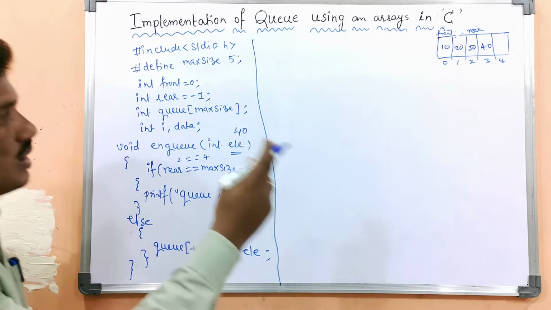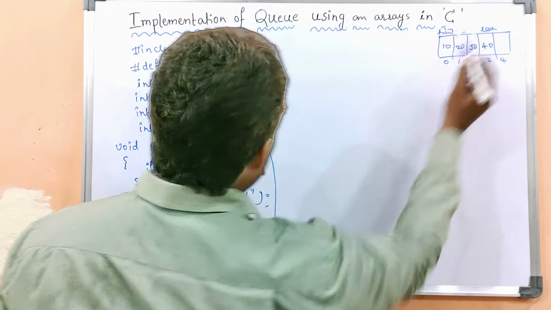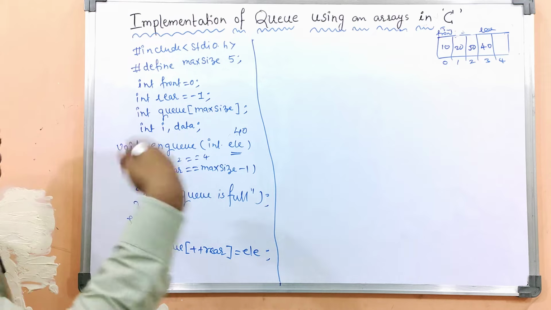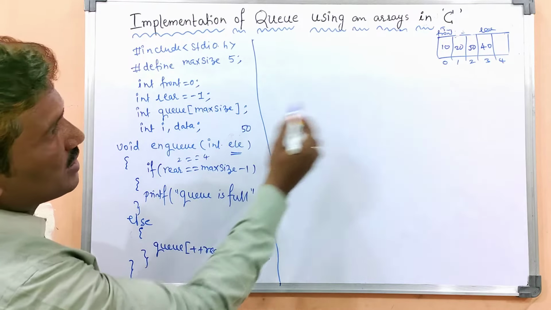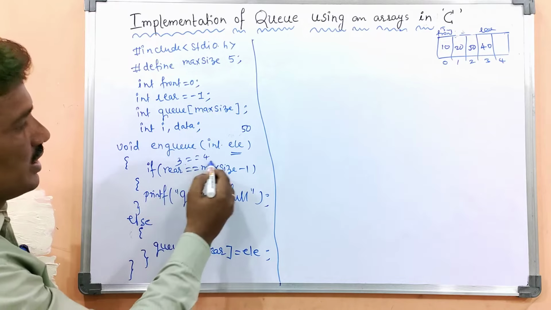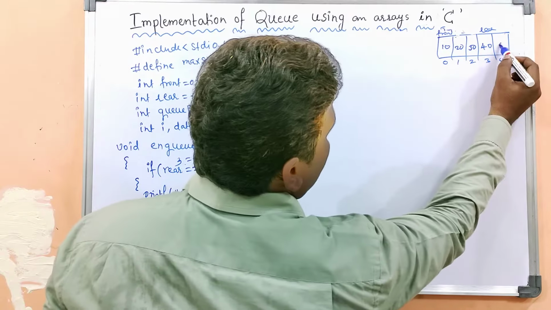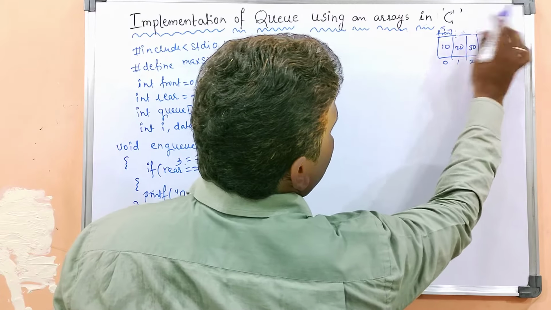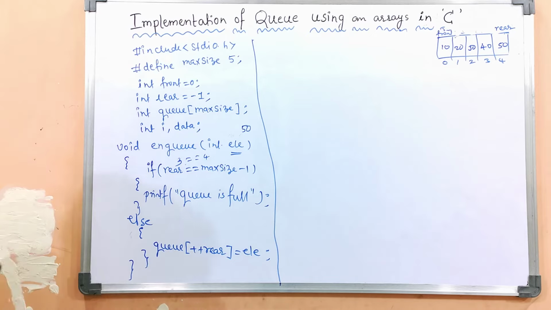The rear value becomes 3. Then if you want to insert 50, the rear value is 3 versus 4, the condition returns false, so you can insert 50, and this position becomes the rear. The front is constant.